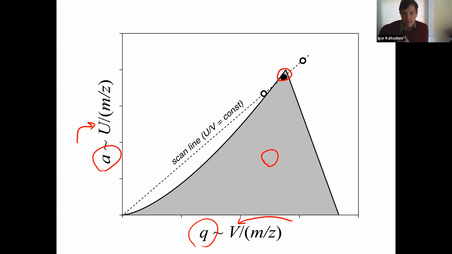However, a small variation in M over Z would take me either here or there, right? And so these ions would be thrown off of the quadrupole assembly, and I will not be able to detect them. So now I have the ability to discriminate against ions with slightly different M over Z values.